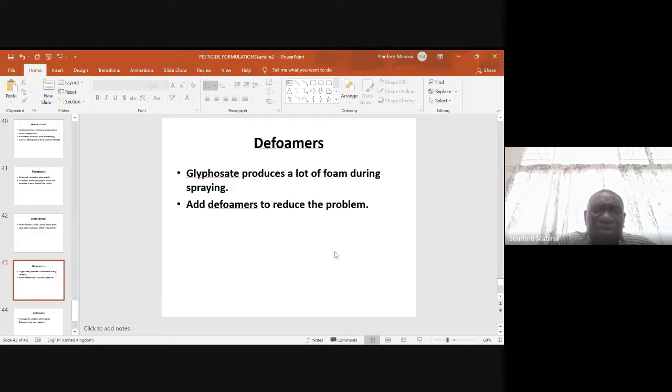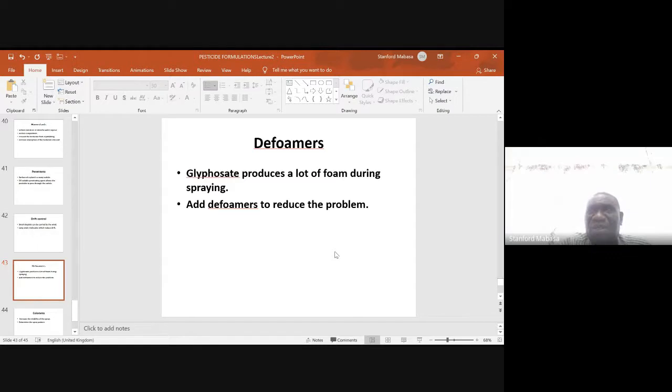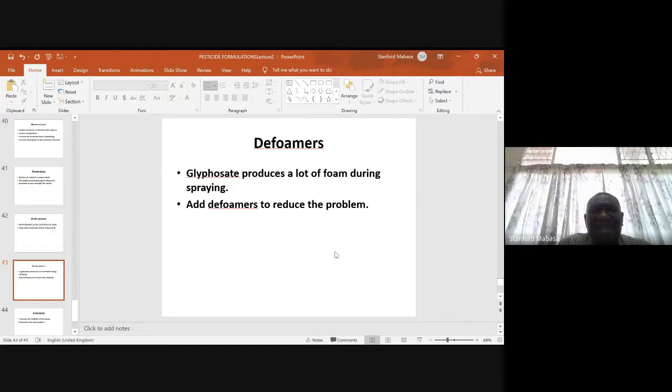The problem with this foam, especially when you are mixing, is that it becomes very difficult to measure accurately the volumes which are required. Because you may think you have got the herbicide, yet it's just the foam. So a substance called a defoamer can be mixed with a pesticide so that you reduce this problem.